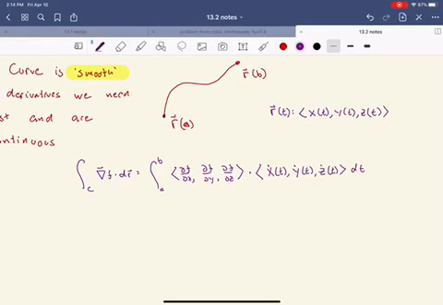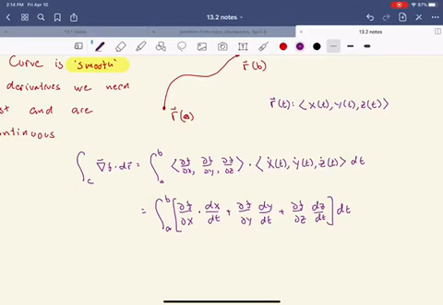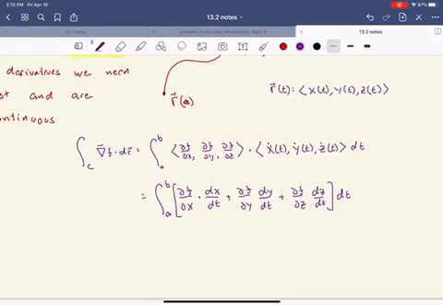Okay, so we could write that as the integral from a to b of the partial of f with respect to x times, I'm going to write this expression, x prime of t, as dx dt, plus partial of f with respect to y, dy dt, plus partial f with respect to z, dz dt, and then there's a dt there.